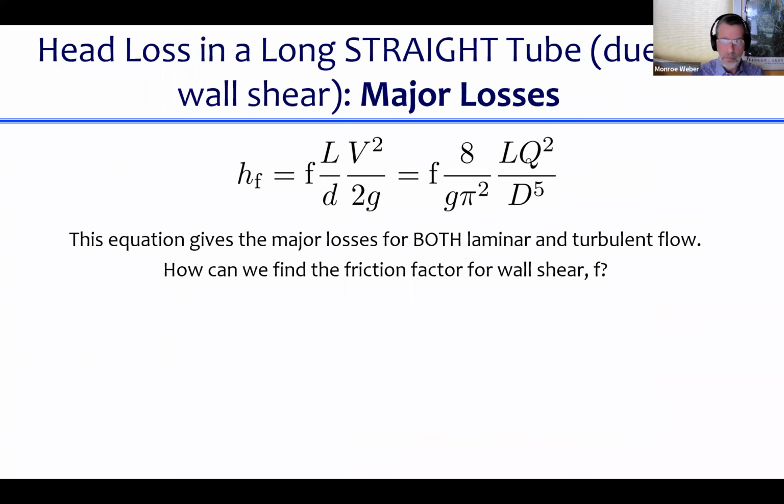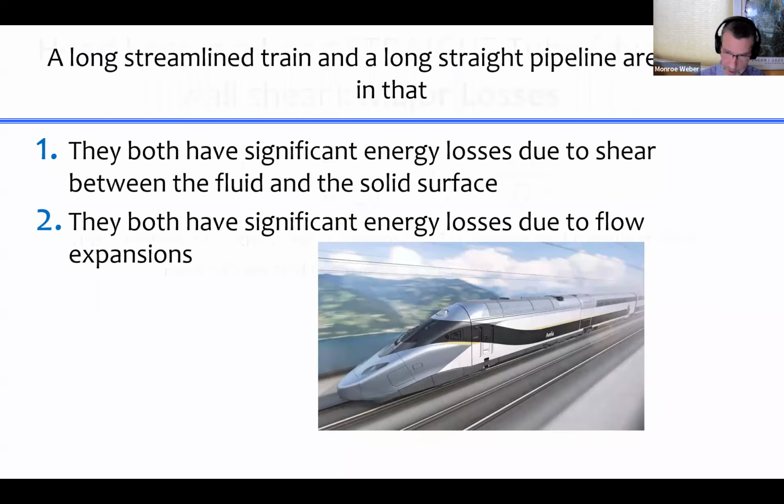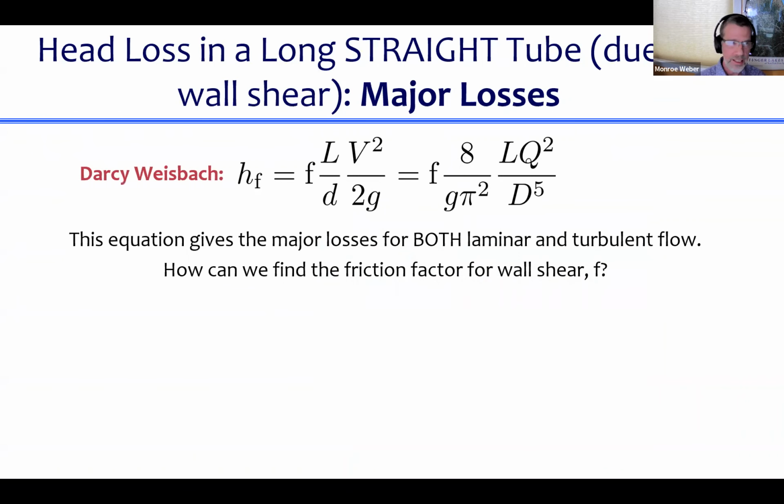So let's talk about those major losses, the losses that are due to wall shear. Here's the equation that describes it. Whoa, hang on. The equation is the Darcy-Weisbach equation. So Darcy-Weisbach came up with this equation. You probably used this in fluids at some point to calculate head loss in a pipe. And I wrote it in two forms.